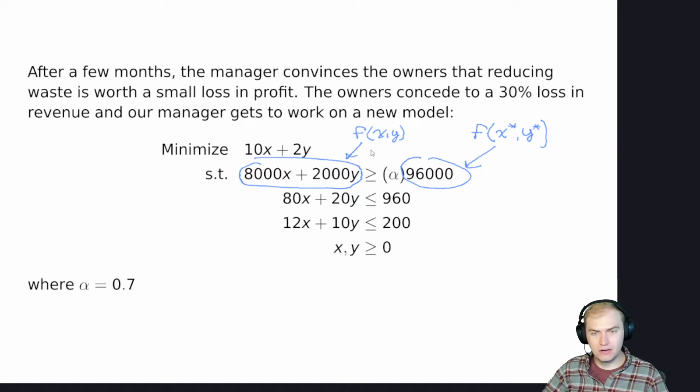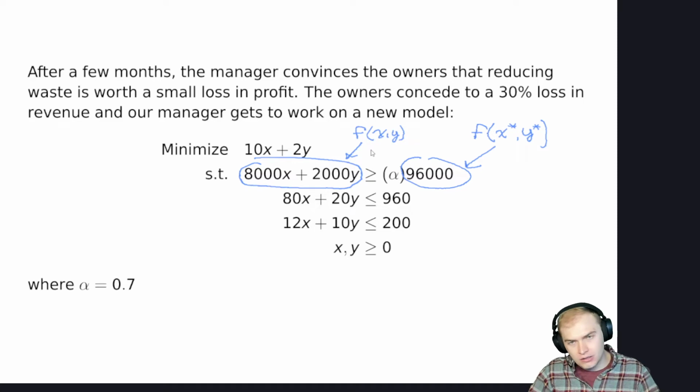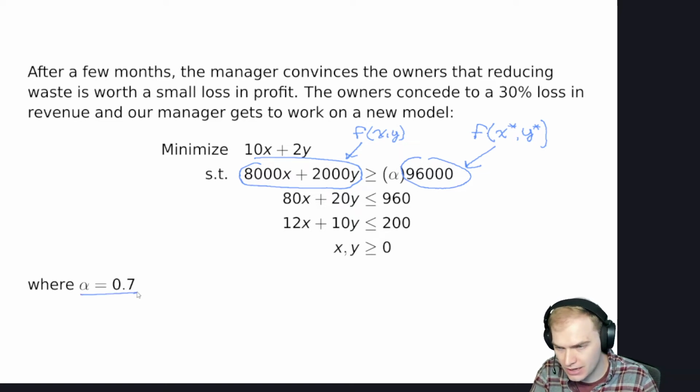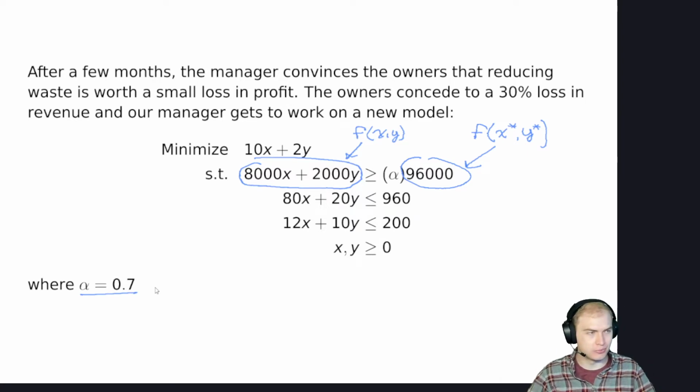And then we want our profit to be at least 70% of the optimal solution. So we use A equals 0.7, which is a 30% loss in profit, because 0.7 plus 0.3 is 100%.